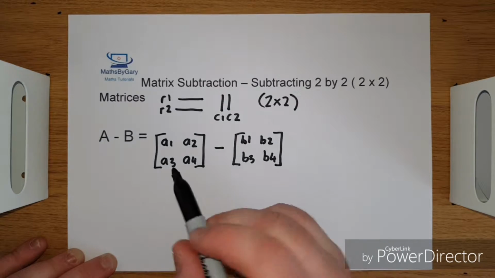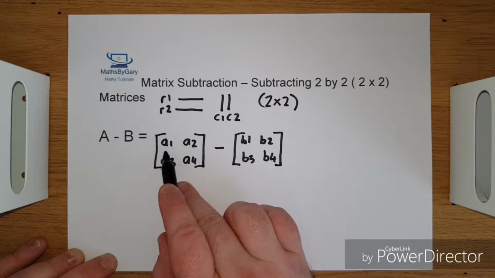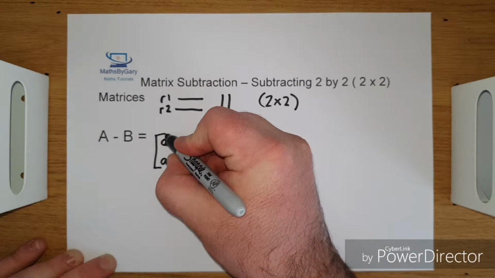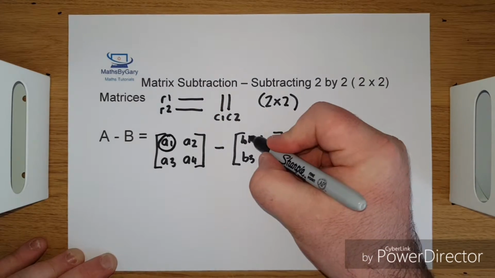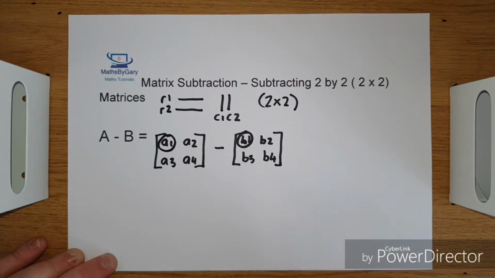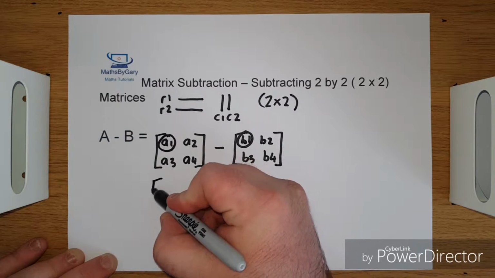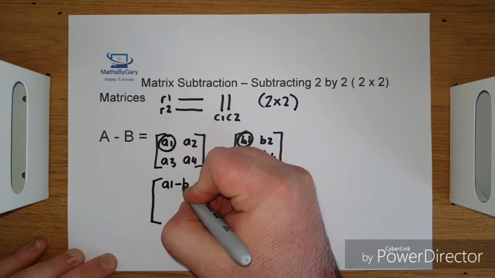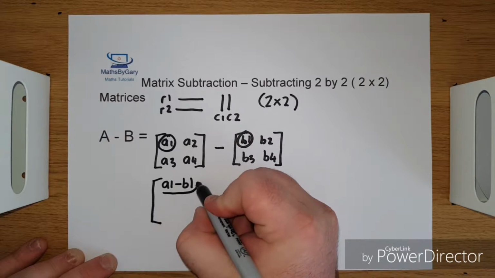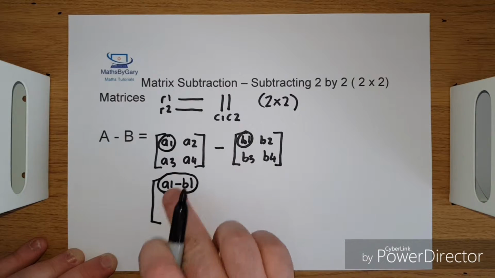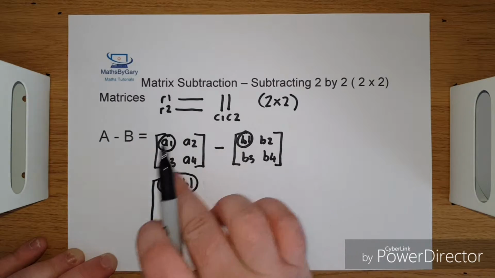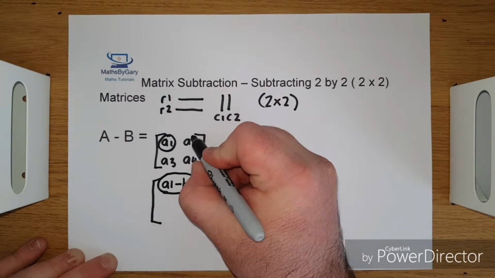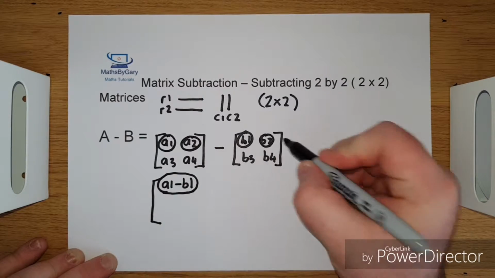In order to do that, the top left hand entry, A1, will minus B1, which will generate a completely new entry. So A1 minus B1, and that will become the entry for the top left hand corner. Again, we just work our way around. So the next one, A2 and B2.